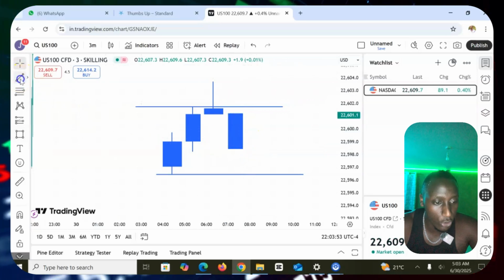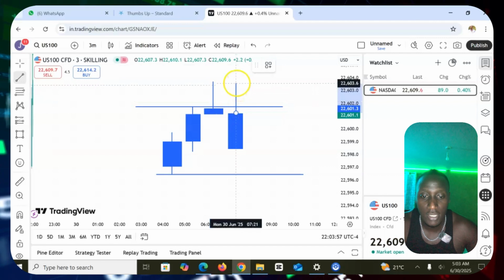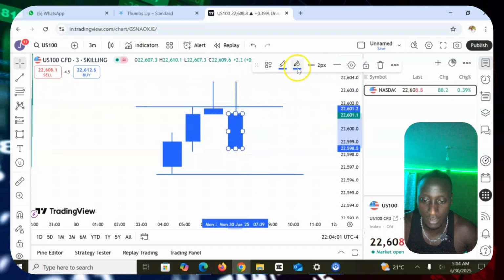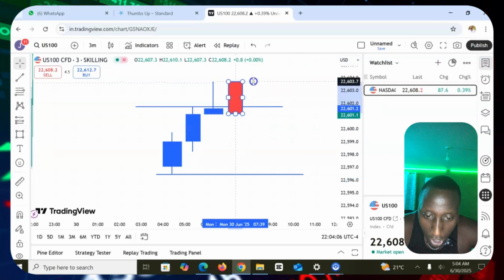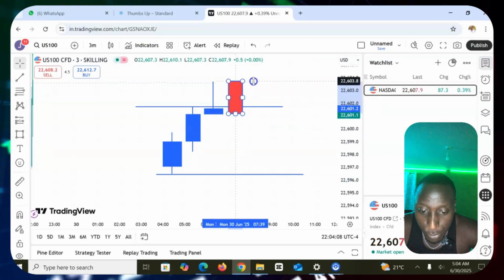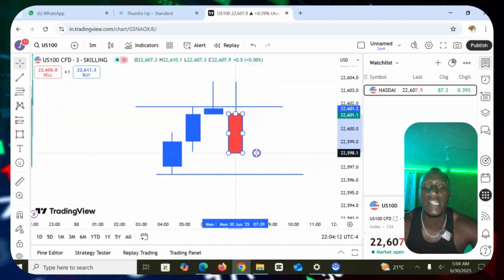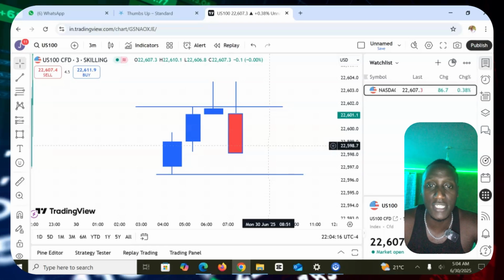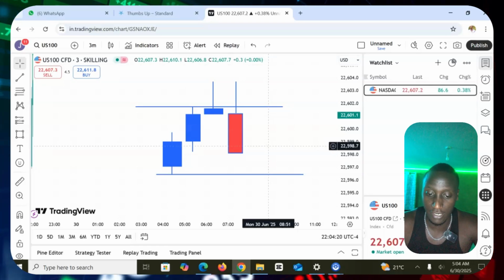And your job now as a trader, having this information, is waiting for the market to go up like that. So you wait for the market to go up here, take your sell positions, and then let the move go down. It requires you to believe 100% in your strategy. Otherwise, it's going to be very hard.